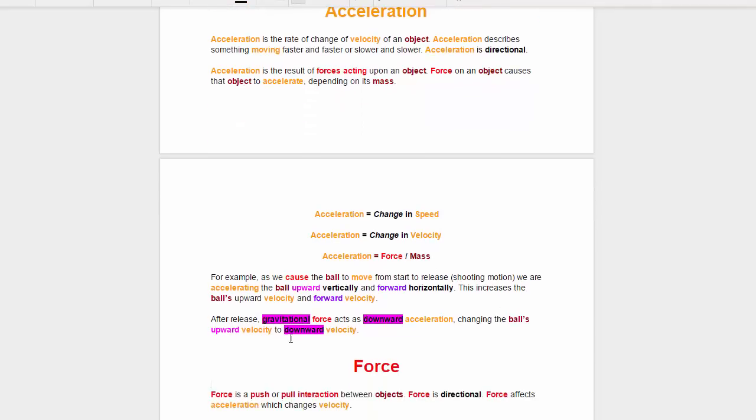For example, if we cause the ball to move from start to release, we're accelerating the ball upward vertically and forward horizontally, increasing the ball's upward velocity and forward velocity. It's moving faster and faster up to the point of release, right? And after release, gravitational force acts as downward acceleration. So acceleration is directional. When something's slowing down, it's actually accelerating downward, right?